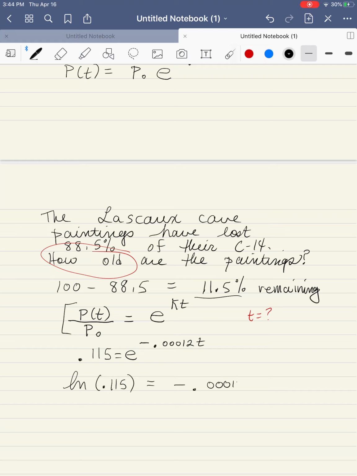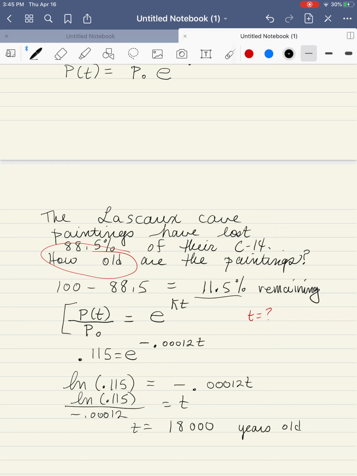And we see that we are taking our natural logarithm, we are dividing, and we will end up with approximately 18,000 years old.